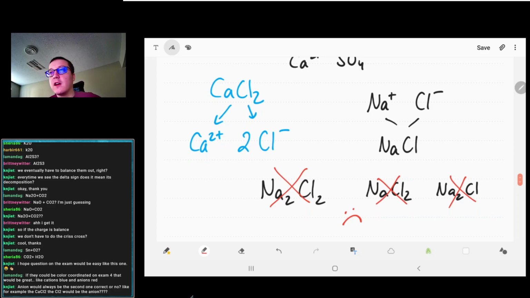So remember, the reason we're able to name ionic compounds so simply is because they will only ever form 1 compound with each other. If you put sodium and chloride together, you're going to get NaCl. That's it. You're not going to get any other possibility for a compound between sodium and chlorine.